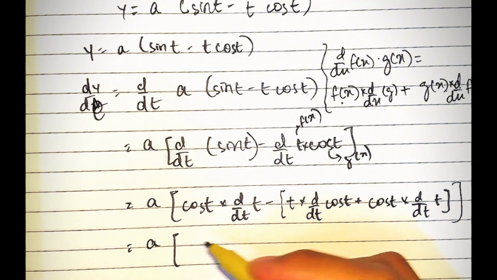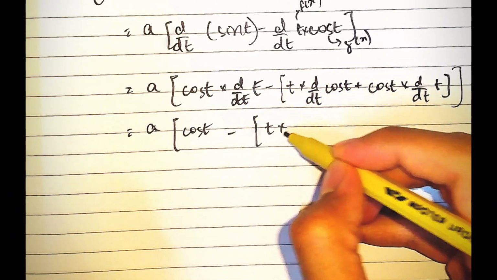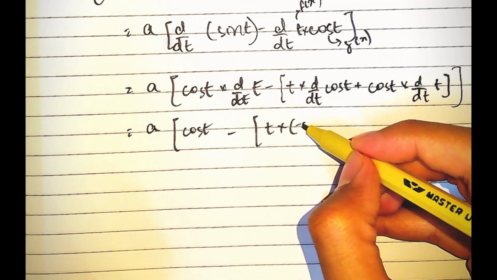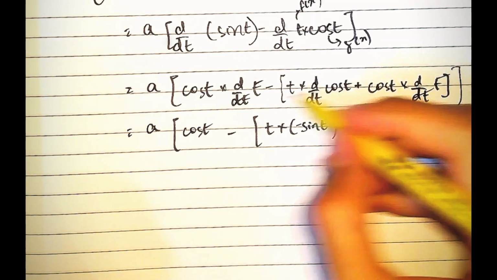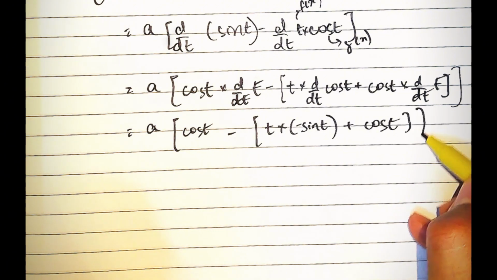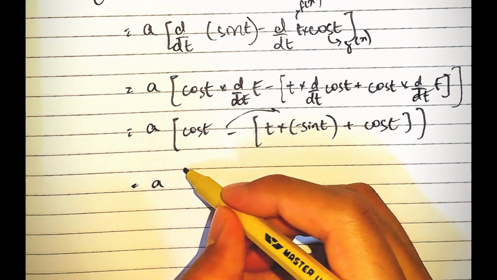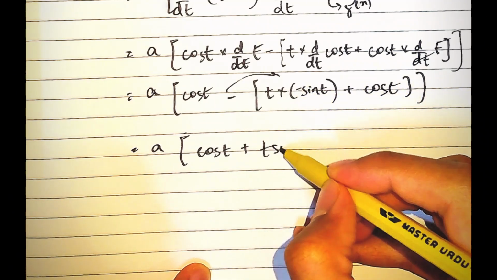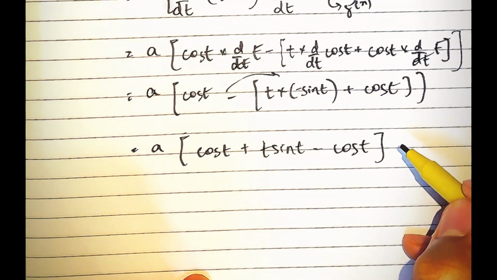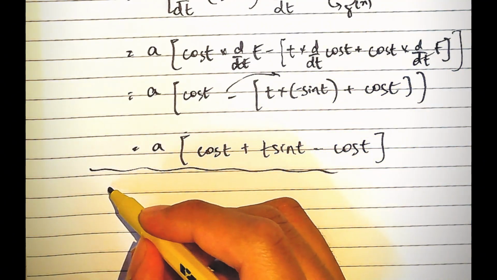So a, then we have cos t, minus t multiplied by the derivative of cos t, which is negative sin t, plus cos t. The brackets close, and now we can multiply this negative sign over here. So a cos t minus, and this minus would be positive, t sin t minus cos t, and that's it. Then we can move towards the second part, and that is dt by dx.